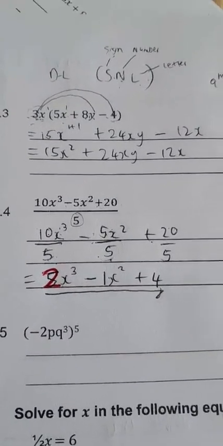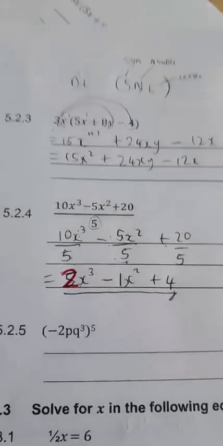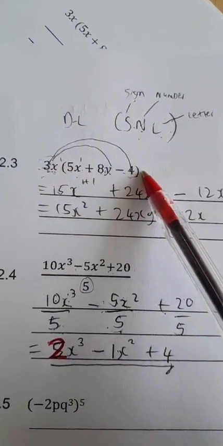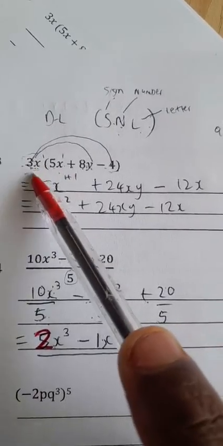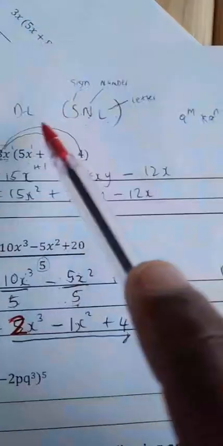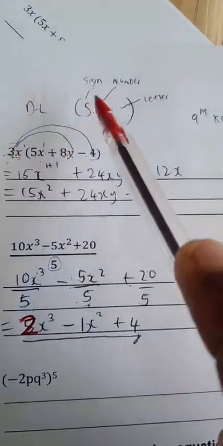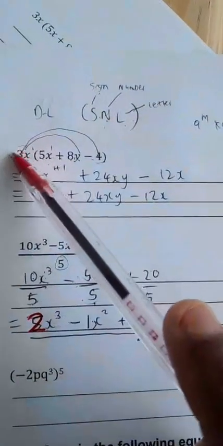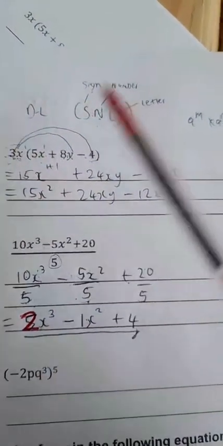Okay. So this SNL thing has to do with when we are using the distributive law for multiplication, all right, in the sense that we are multiplying. If you are using the distribution law, then you need to consider your multiplication. As you multiply, you need to consider the sign. What does a positive times a positive give me? Then number.